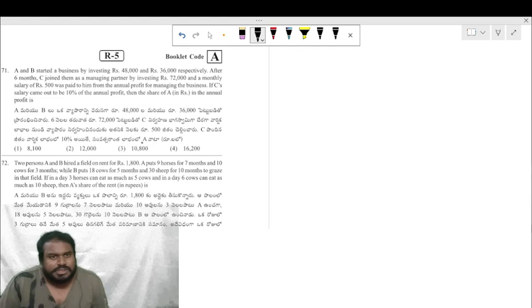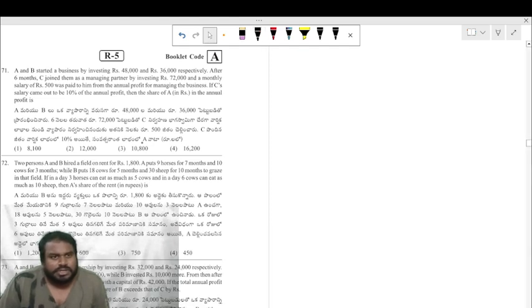A and B started a business by investing rupees 48,000 and 36,000 respectively. After 6 months, C joined them as a managing partner by investing rupees 72,000, and a monthly salary of rupees 500 was paid to him from the annual profit for managing the business. So he was there for 6 months, and for 6 months you will get 500 per month.